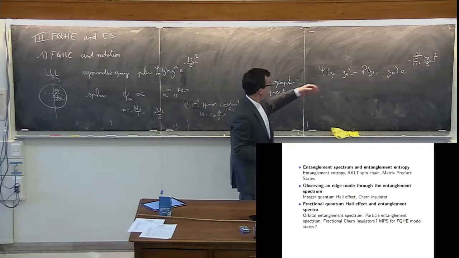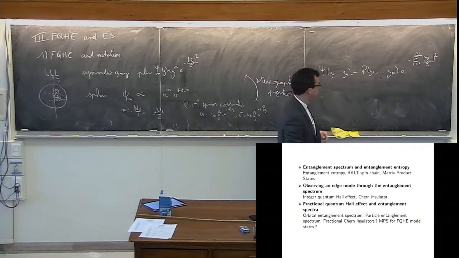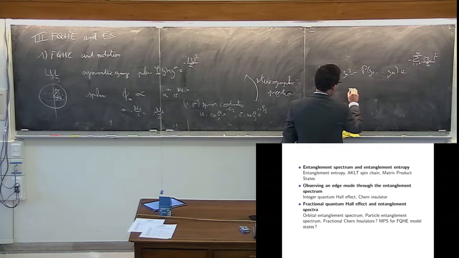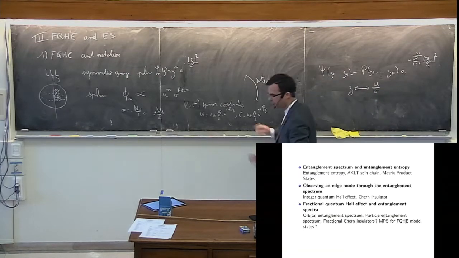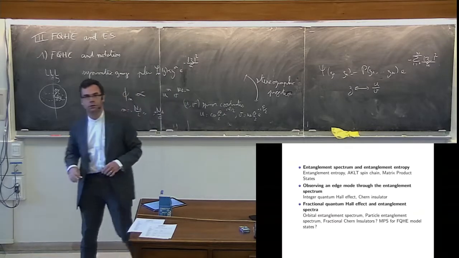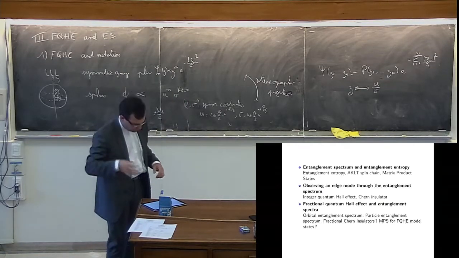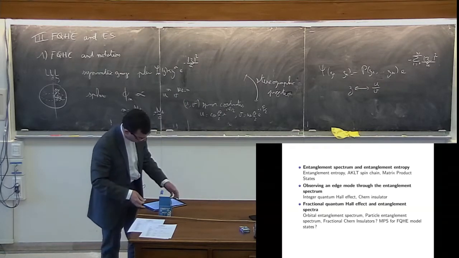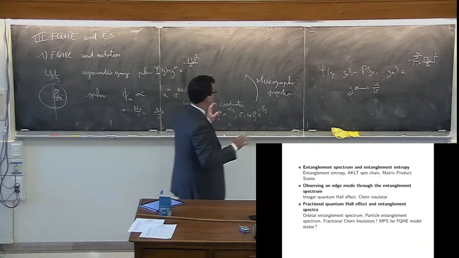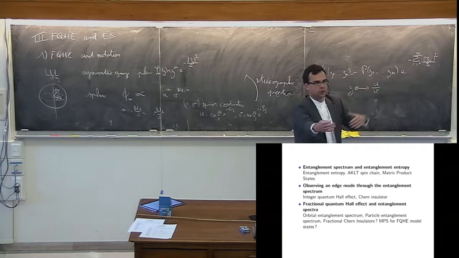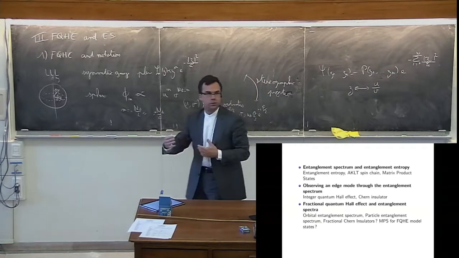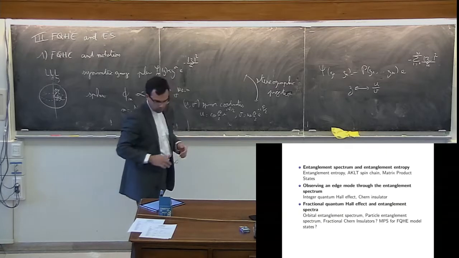So if you want to go from here to the sphere, what you have to do is basically to replace z by u over v, up to some additional factor, which is just v to some power. But even if we work with the sphere, you can always write down your wave function on the plane and translate from the plane to the sphere by using the stereographic projection.